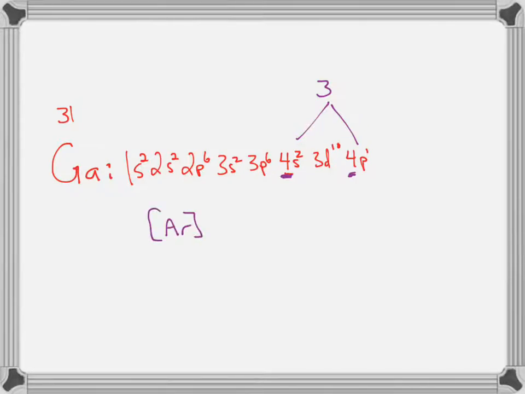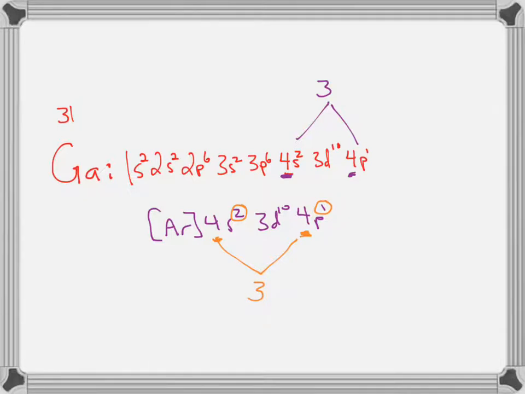Noble gas is argon. What extra electrons do we have? Our 4s2, 3d10, and our 4p1. Okay. What's the valence electrons? What's our outermost energy shell? The 4. The energy level is 4. How many 4 energy level electrons do we have? 3.